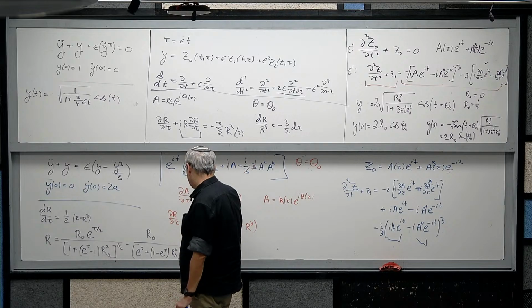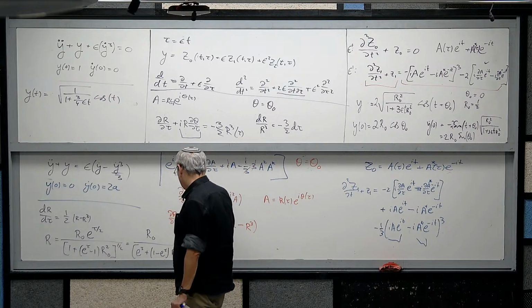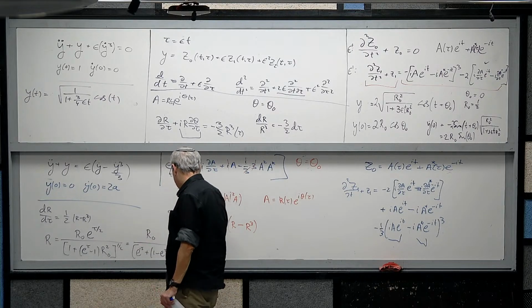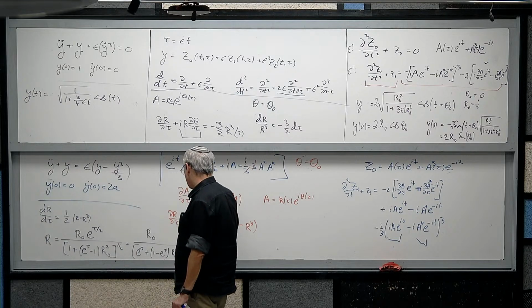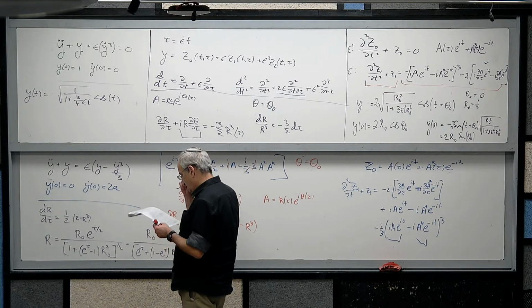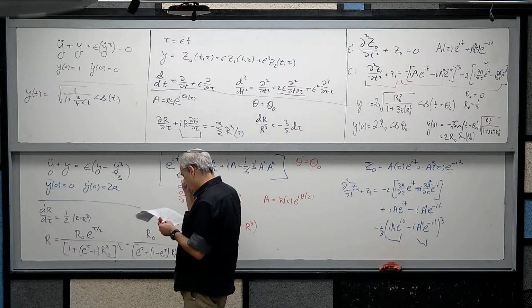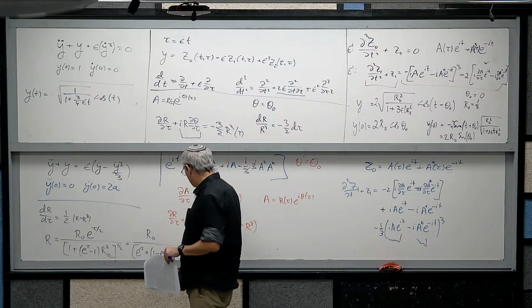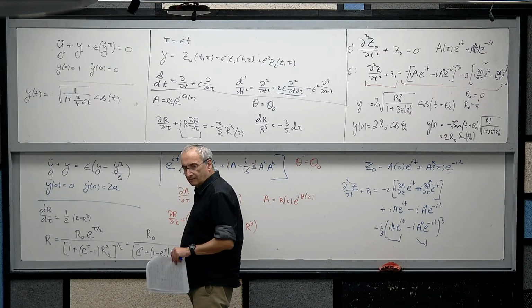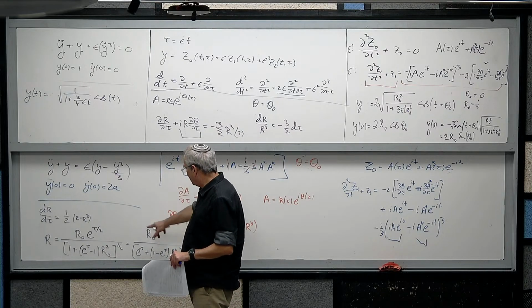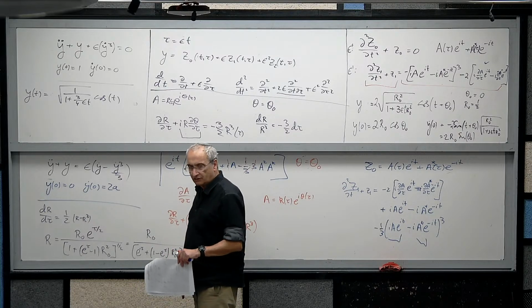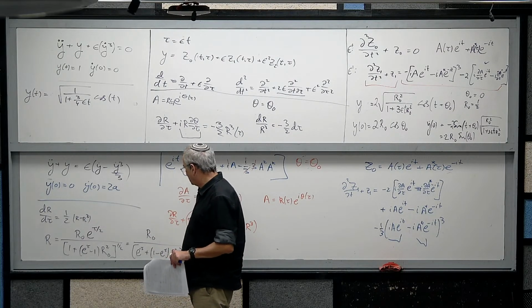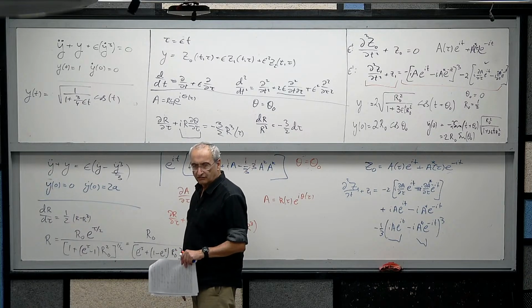Is that true? Shouldn't it be R naught squared, e to the minus tau here? Is that tau over 2? No, because you have the 1/2 here. I multiplied the numerator and the denominator by e to the tau over 2, by e to the minus tau over 2.